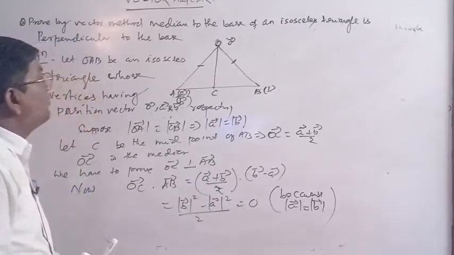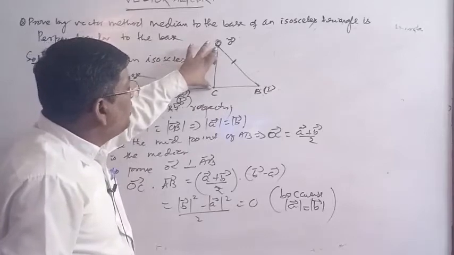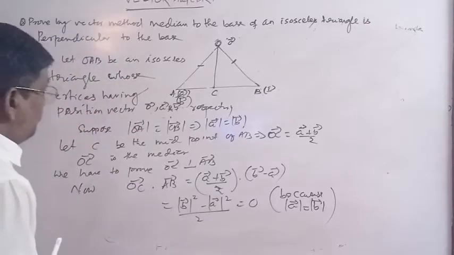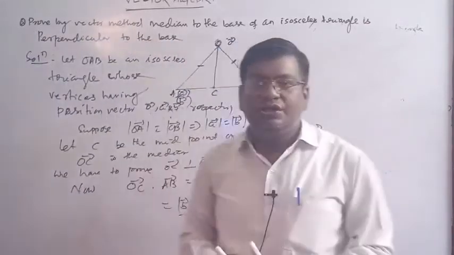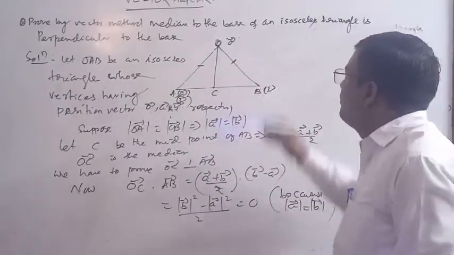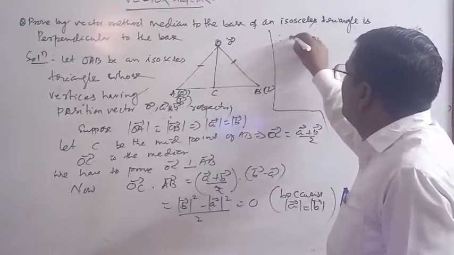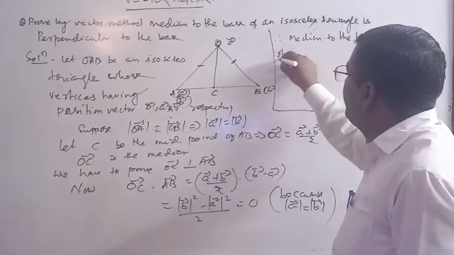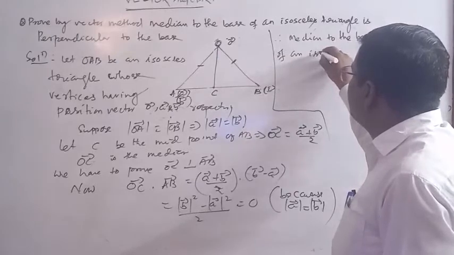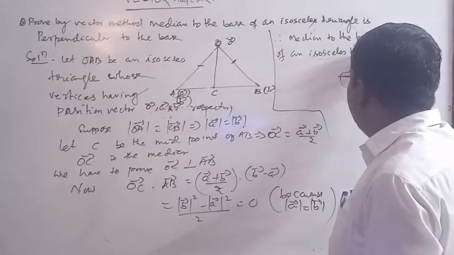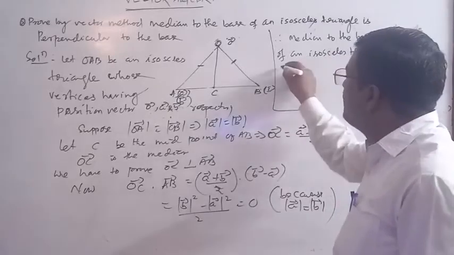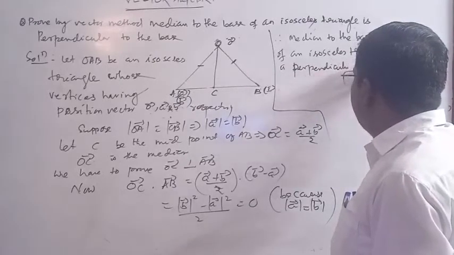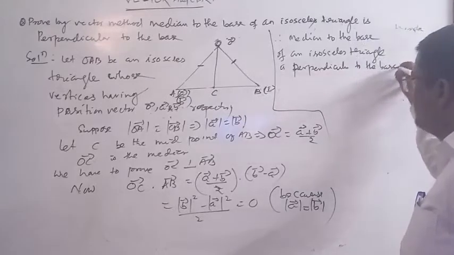That is, the median to the base of an isosceles triangle is perpendicular to the base. This is proved.